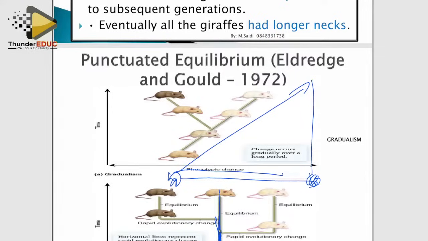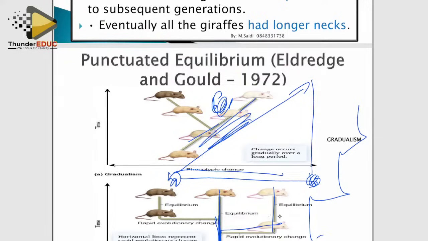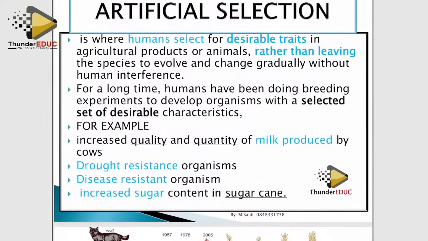So it was here, it changed very fast. So it remained there without changing. So when you see it like this, then automatically that's punctuated equilibrium. It has long periods of no change and short periods of rapid change. So you have to know that. Gradualism requires a lot of time and it has intermediates. Here, we now have no intermediates, which we call punctuated equilibrium.